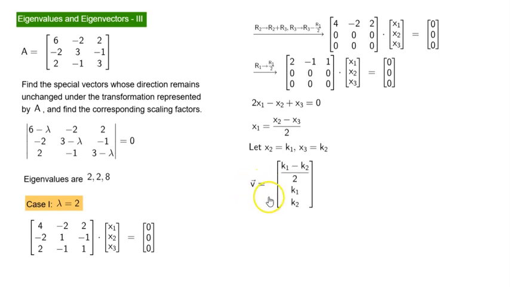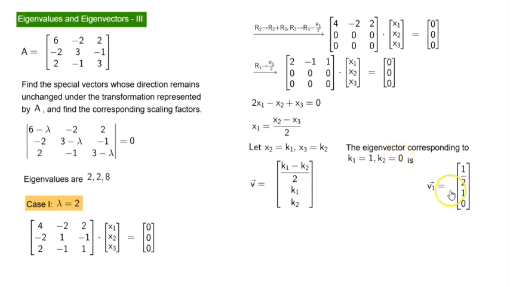Then our vector becomes, in general form, k1 minus k2 by 2, k1, k2. Let's substitute some values. Let's say k1 equal to 1 and k2 equal to 0. We get this vector, half, 1, 0. Now let's take k1 as 0 and k2 as 1.